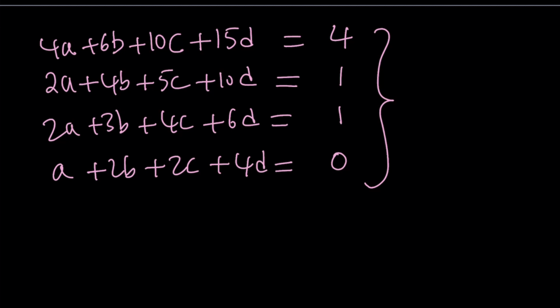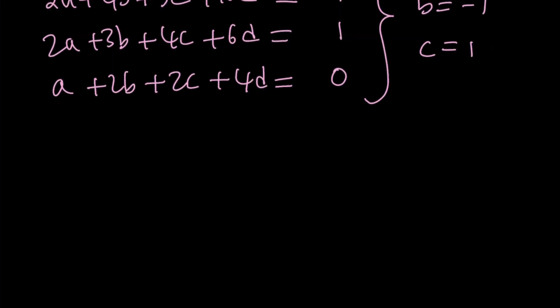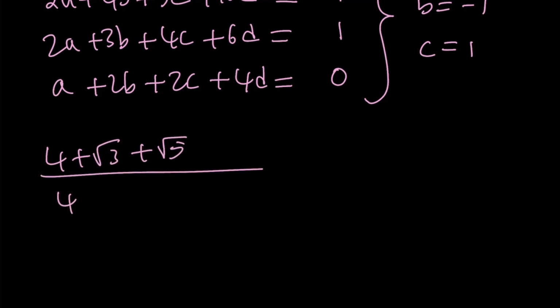And let me tell you what the answers are. a and d are both 0, b is -1, and c is 1. If you plug these in, you're going to notice that they satisfy the system, of course. So this gives us the following. Since we've found the values of a, b, c, d, now we can write our expression in a simpler way.